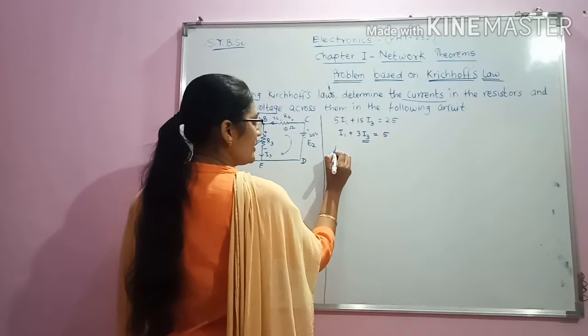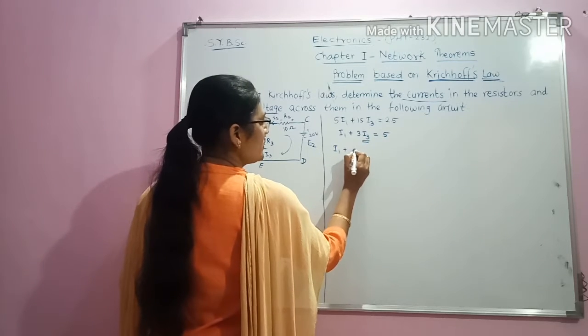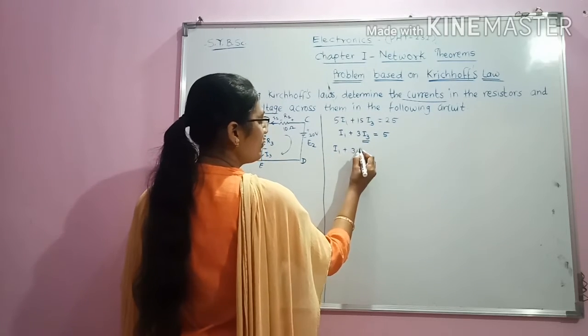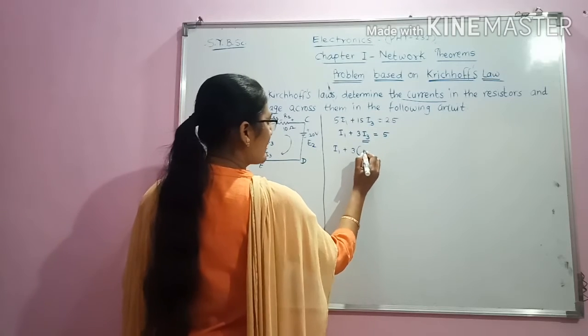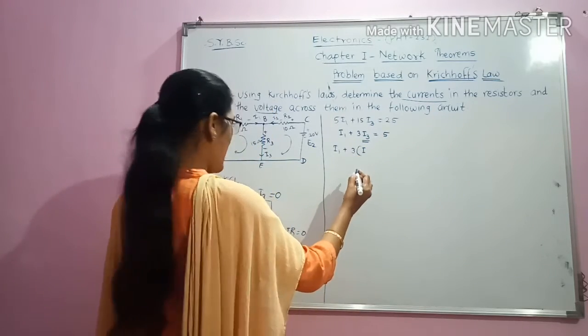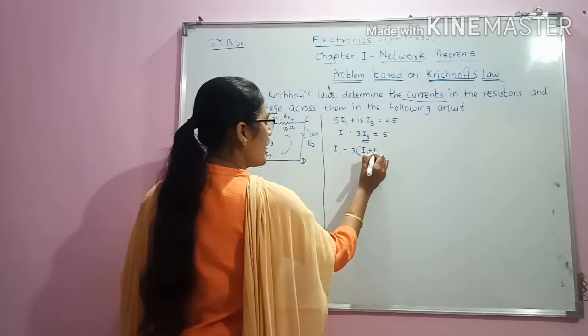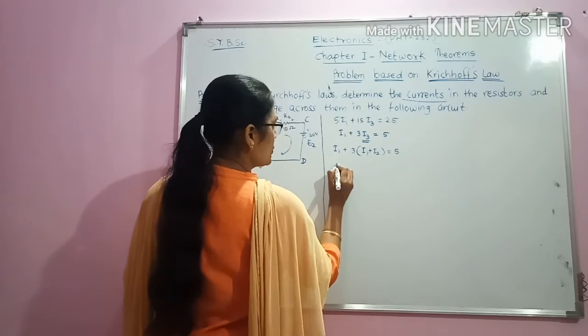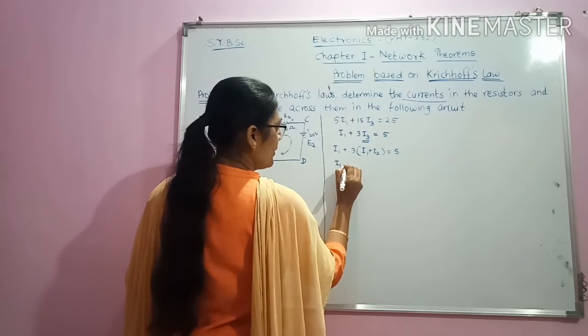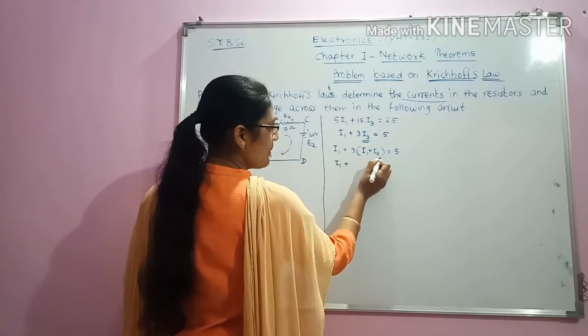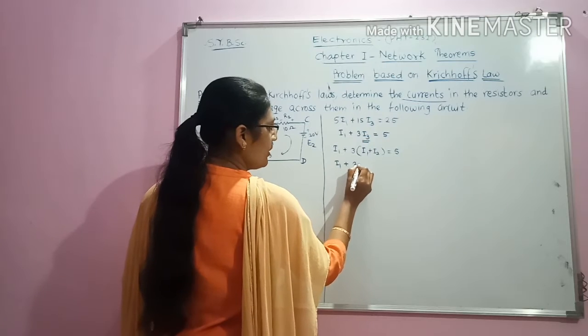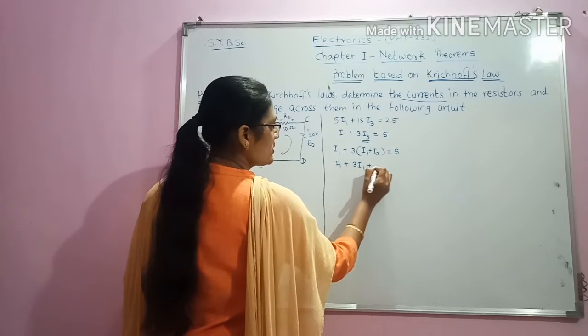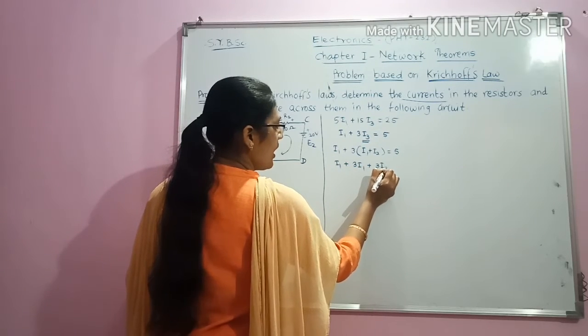Now substitute the value of I3 in I1 plus 3 times I3. I3 is nothing but I1 plus I2, so I1 plus 3 times the bracket I1 plus I2 is equal to 5. Multiplying the bracket by 3, we get 3 of I1 plus 3 of I2.